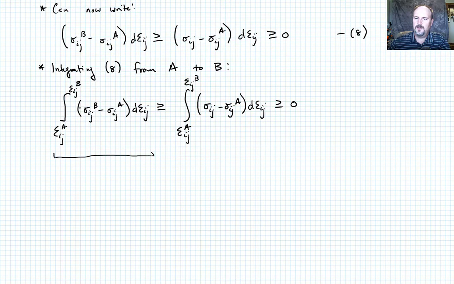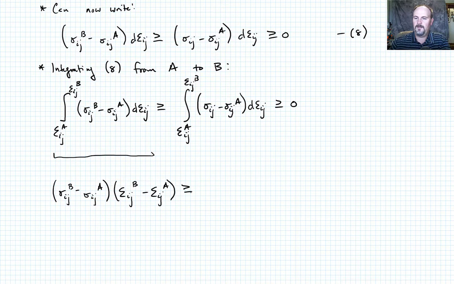Well, this value is constant, right? There's no variable there, so we can pull it outside the integral, and so this just becomes the integral from epsilon ij a to epsilon ij b of d epsilon ij, which is actually very simple. We can write this then as sigma ij b minus sigma ij a times epsilon ij b minus epsilon ij a.